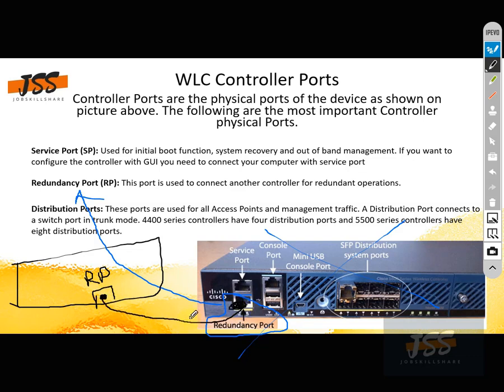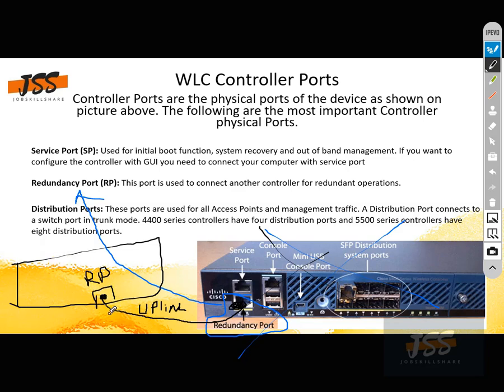So this is the concept, just like an uplink port. Not only that, there is also a heartbeat, because if this goes down, how will this one know that it is down? It will send some kind of heartbeat through this uplink port. So once this is down, the other will come up.